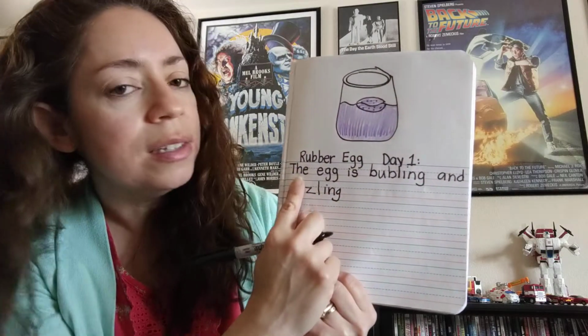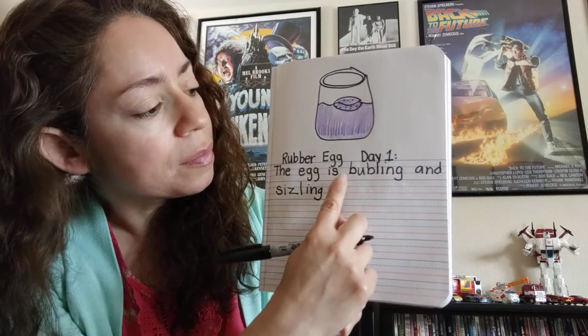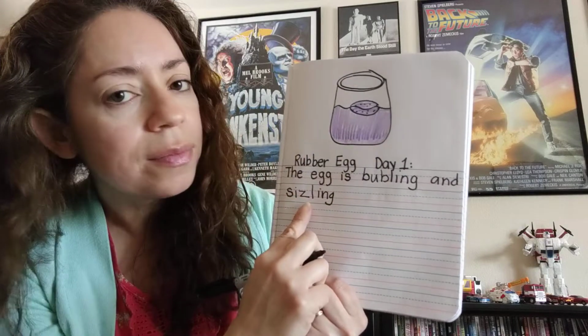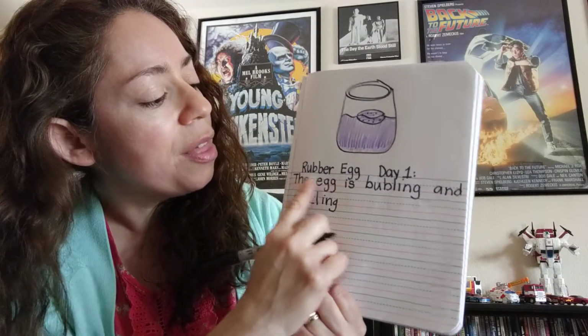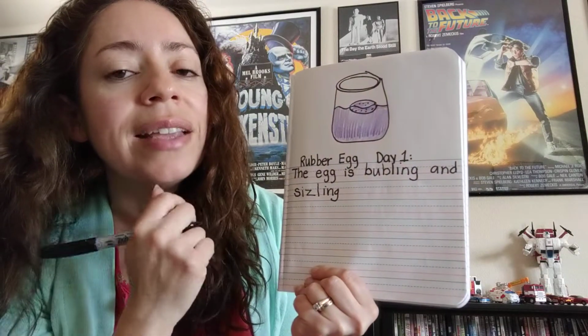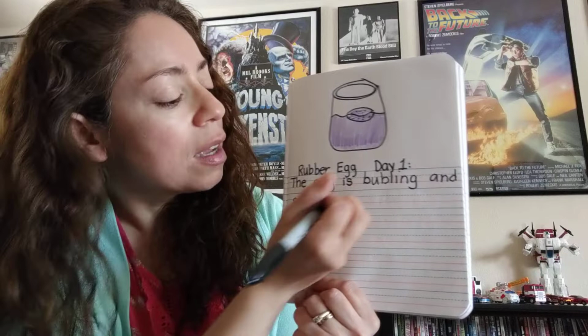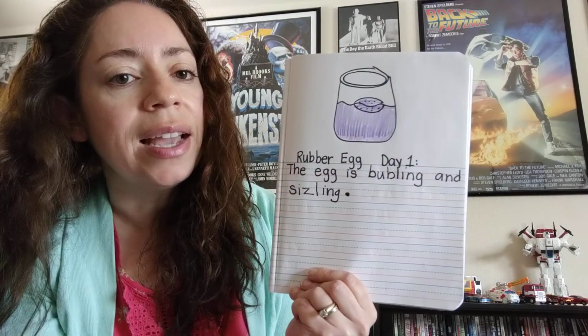Sizzling. Now let's go back to the beginning of the sentence. Help me read it. Good reading. Okay, let me read it with you this time. The egg is bubbling and sizzling. Now, what goes at the end of a sentence? Punctuation. I'm going to decide to put a period at the end of this sentence.